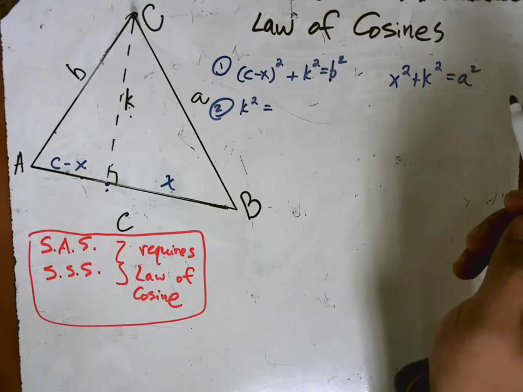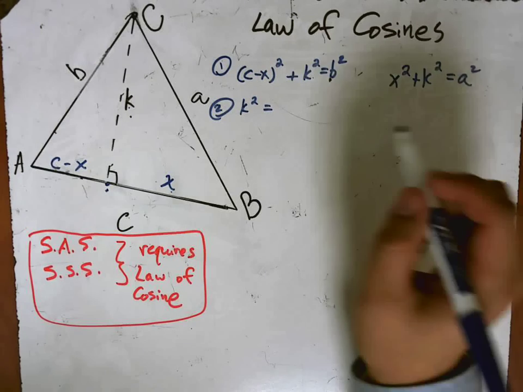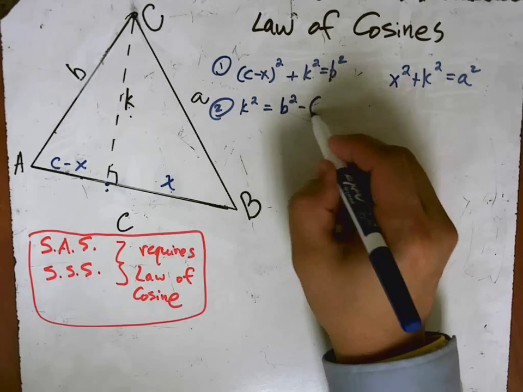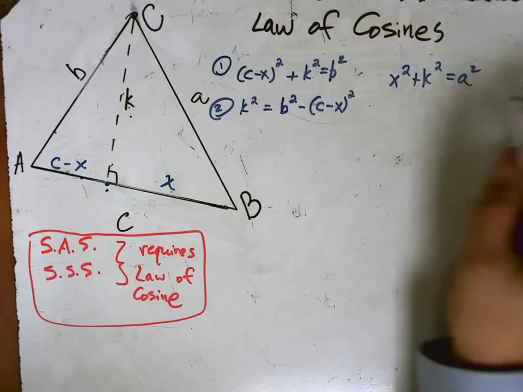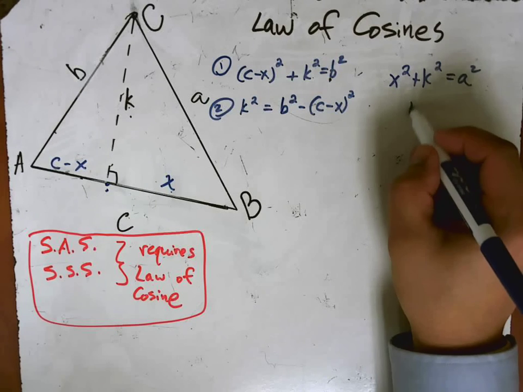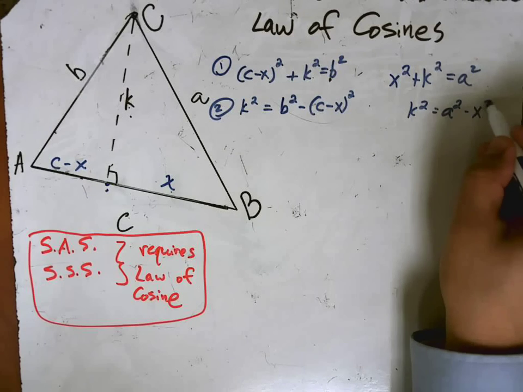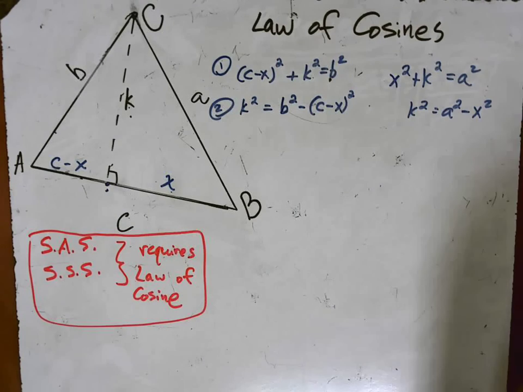Keep that goal in mind. We want to define everything in terms of a, b, and c. So this becomes b squared minus quantity c minus x squared. On this side, k squared is equal to a squared minus x squared. And that's step 2.